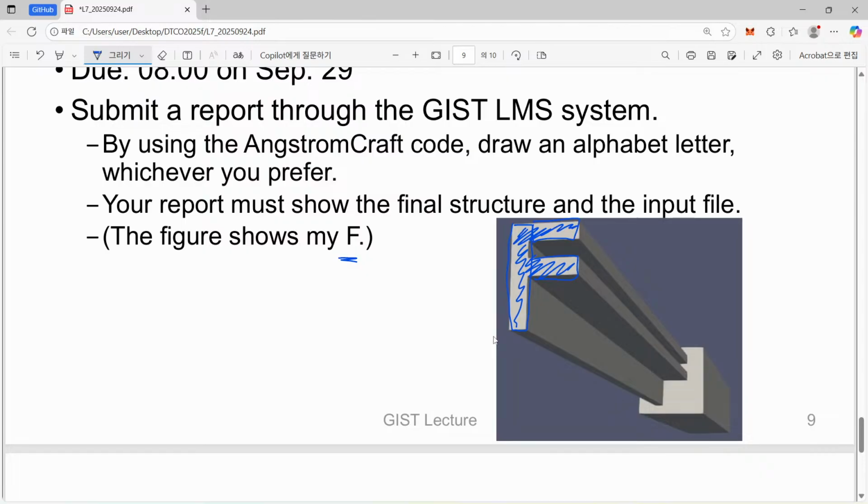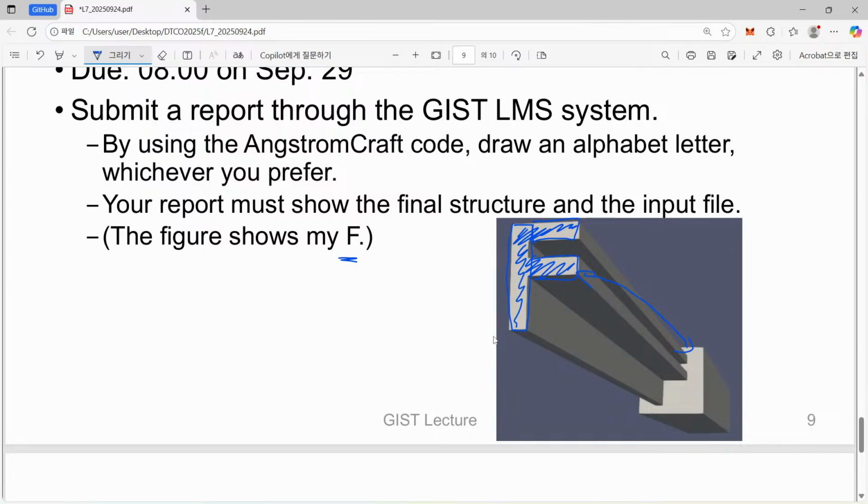After that I etched the entire structure by an amount of 50 nanometers. The entire structure was 100 nanometers tall, and I just etched half its thickness, so 50 nanometer etching. That's the reason why we have this quite interesting F structure.